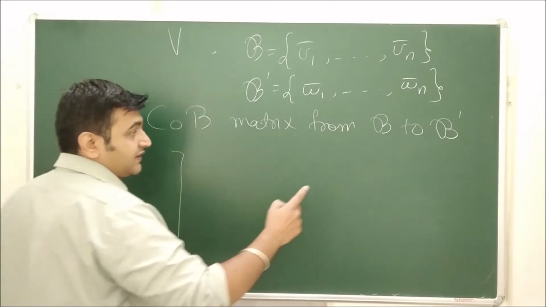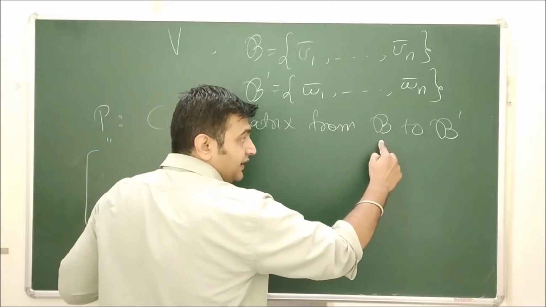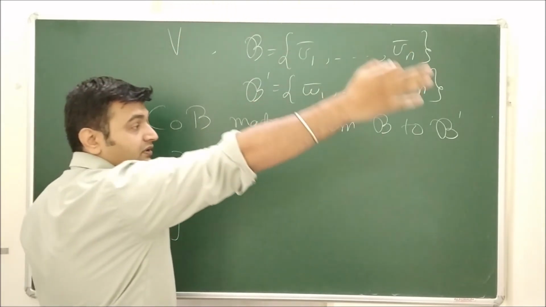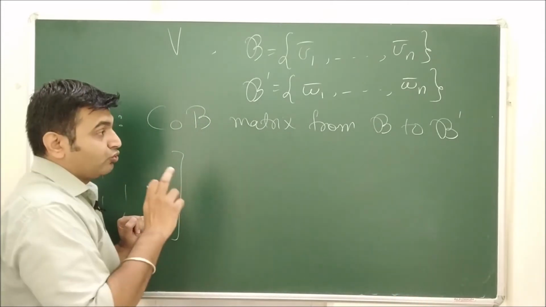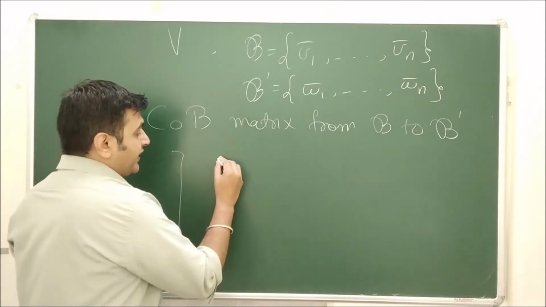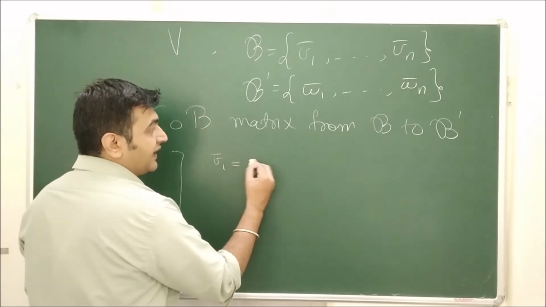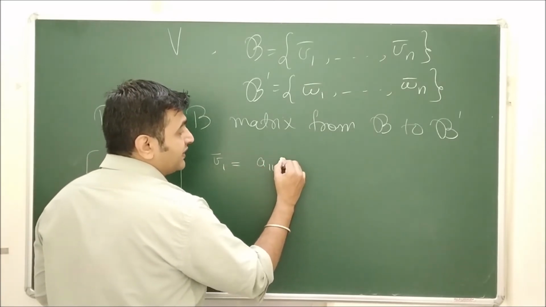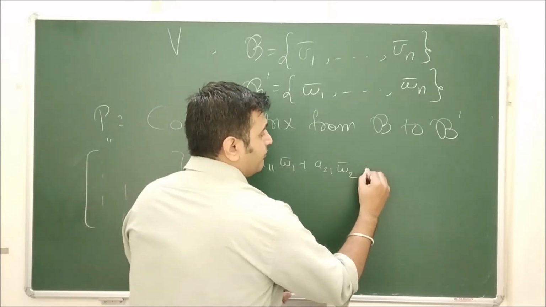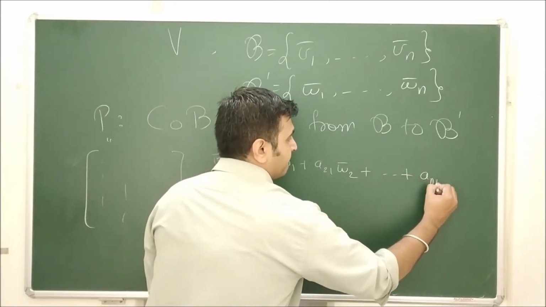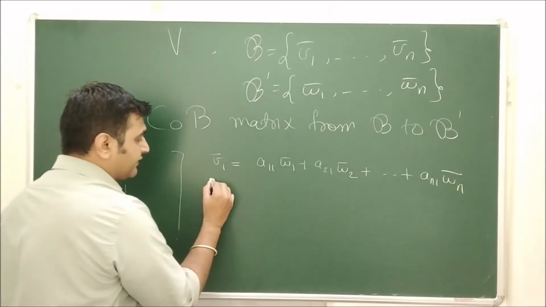So what you do is, you take the vectors of B and you write them as linear combinations of the basis vectors of B prime. So you want to go from B to B prime, right? So you take a vector of B and you write it as a linear combination of the vectors of B prime. You take a second vector.